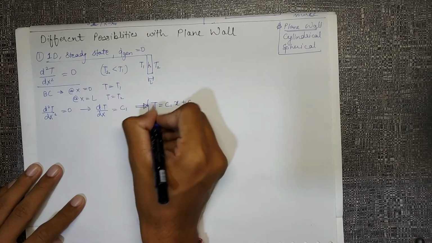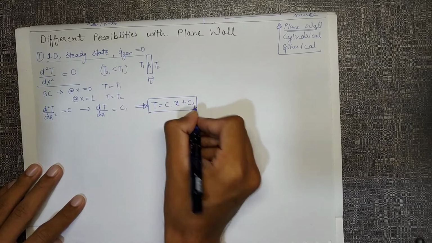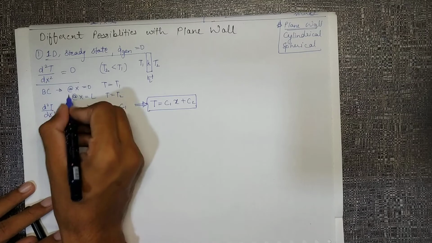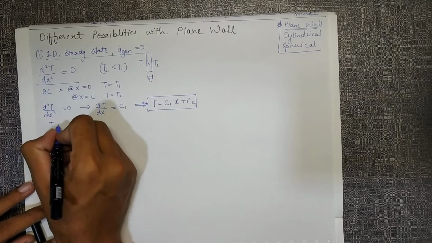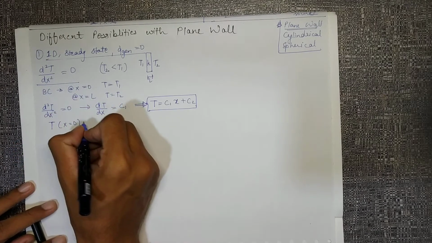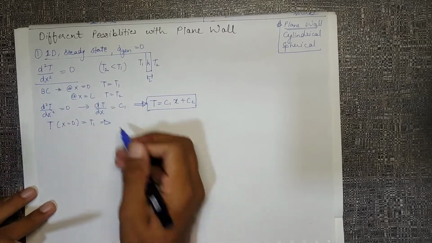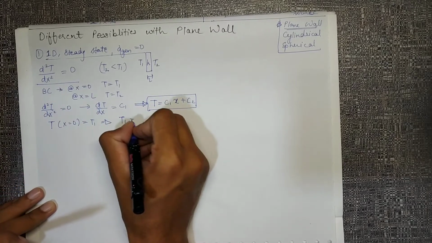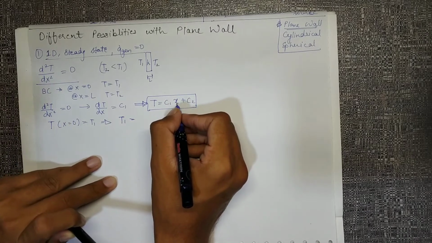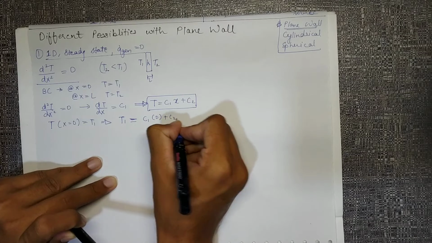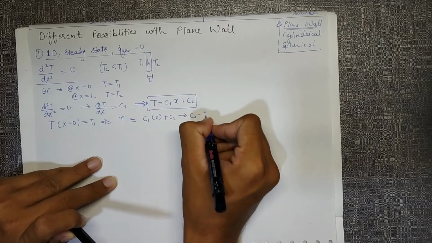This is our equation. Now using the first boundary condition, T at x equal to 0 is given as T1. That means T1 is equal to, putting x equal to 0 in this equation, c1 into 0 plus c2, that means c2 is equal to T1.